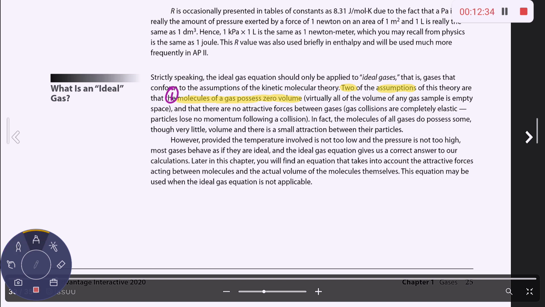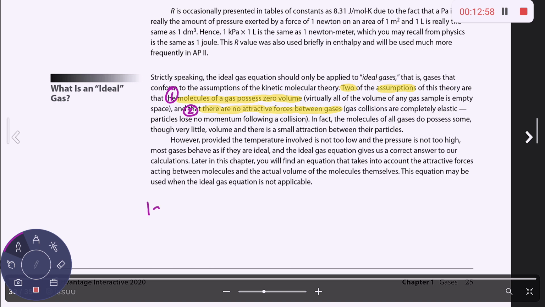The second assumption is that there are no attractive forces between your gas particles. What that means is as they collide, they don't lose any energy as they collide, and then they keep on moving as if they never had. In reality, gases do have some volume and a little bit of attractive forces, but we're ignoring that when we use the ideal gas equation.